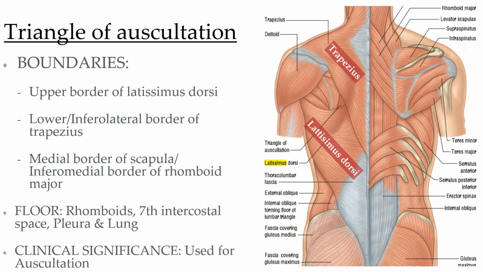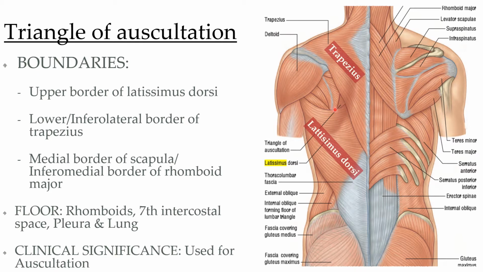After knowing about the details of trapezius and latissimus dorsi, now let us trace the boundaries of a clinically significant triangle present over the dorsal side of the body wall, which is called the triangle of auscultation. This is the location of the triangle of auscultation. It is bounded on one side by the inferior border of trapezius.